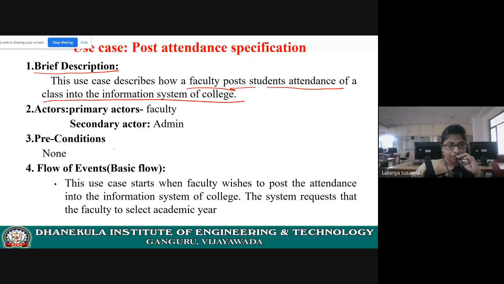Once again, you need to write at least 1 or 2 or 3 lines. Don't write paragraphs. Just describe what the use case is doing, which functionality it is providing. It describes how faculty can post students' attendance of a class into the information system of a college, nothing but CAS. We are taking the application CAS.